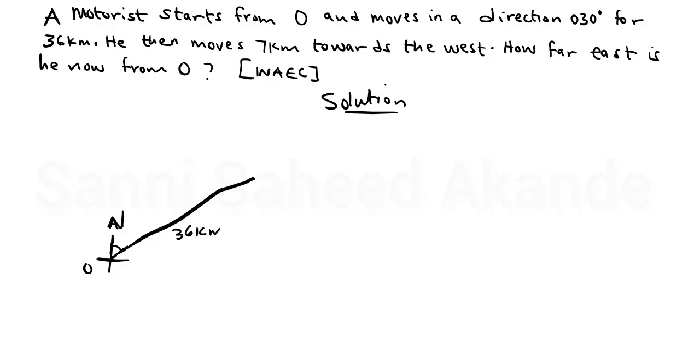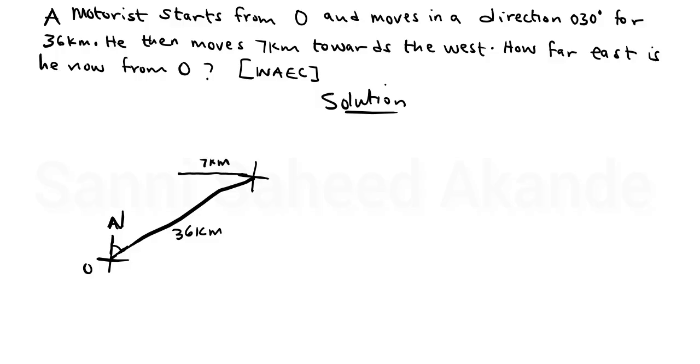Then at this one, let me make a point here. So it then moves 7 kilometers towards the west. So this side is the west, so I'm going to move in that direction now for 7 kilometers. So I'm going to write 7 kilometers towards the west.